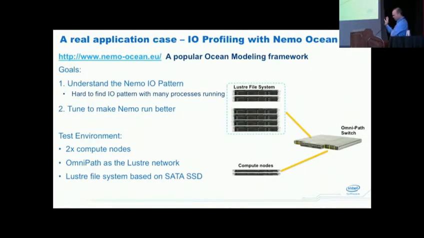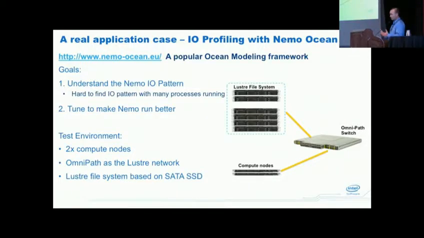The rest of this talk is about applying those statistics to a real application. I'm going to go a little bit quickly over this. What we use is the NEMO modeling framework. NEMO is the Nucleus for European Modelling of the Ocean, and it is a state-of-the-art framework for different modeling engines.